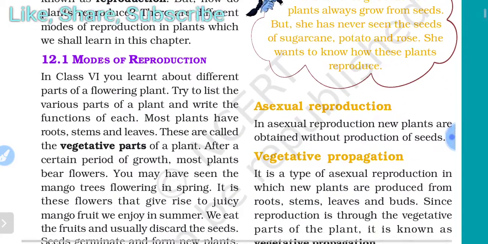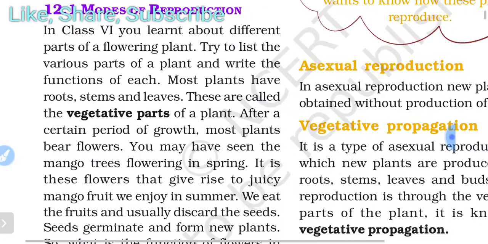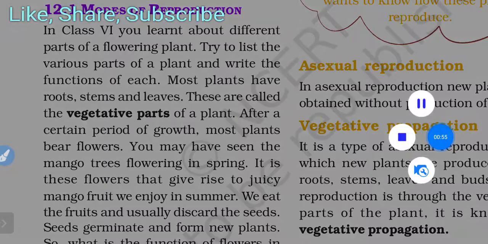So, if we talk about modes of reproduction, in class 6 you learned about different parts of a flowering plant. Can you name them?